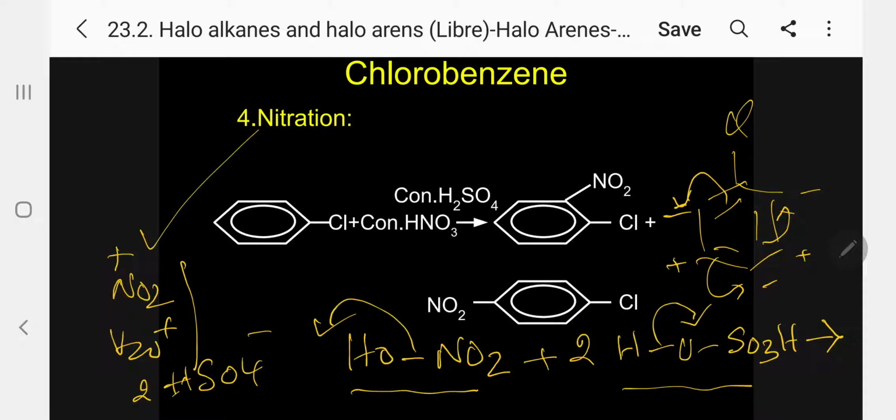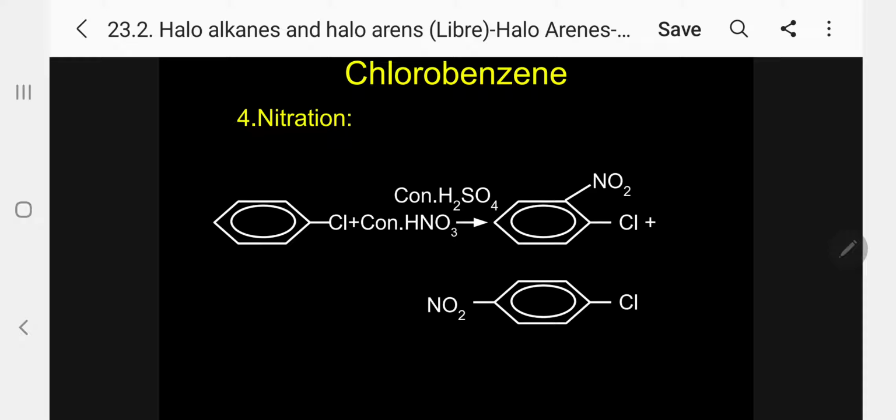So it will easily attack the chlorobenzene. As usual, it will attack at the ortho as well as para. Kindly follow. So it is orthochloronitrobenzene and parachloronitrobenzene. A mixture of products is formed.